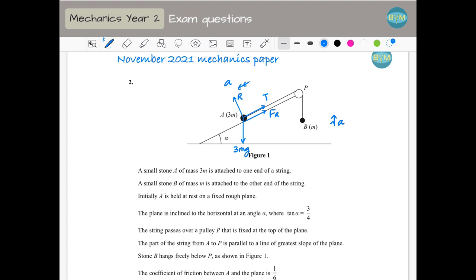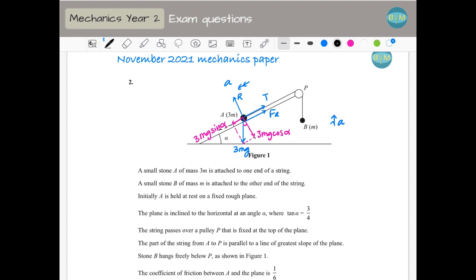There is only one force that is not parallel or perpendicular to the slope, which is the weight. So I'm going to find the components. Remember this is always alpha. This is going to be 3mg cos alpha because it's adjacent, and this one is always 3mg sin alpha.